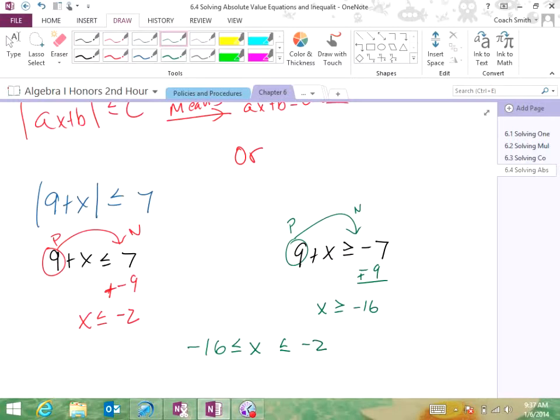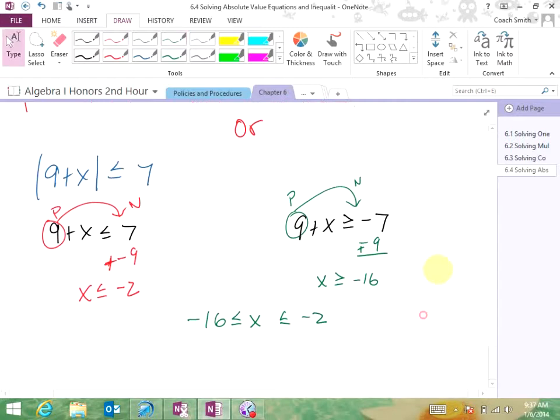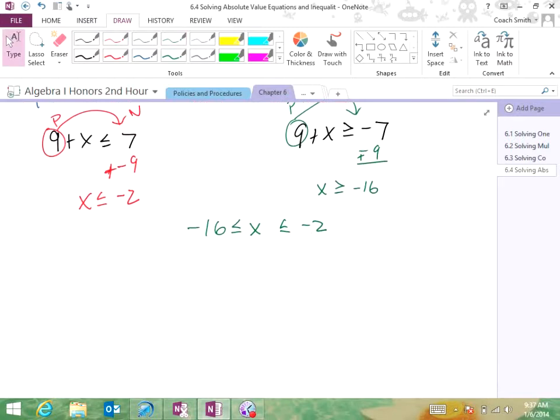Okay? Now, can I put the x, in other words, x less than or equal to negative 2 is right here. X greater than or equal to negative 16 is right here.